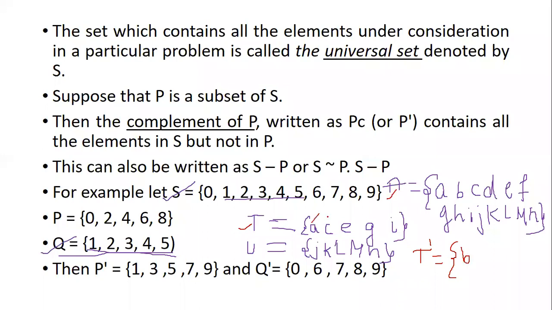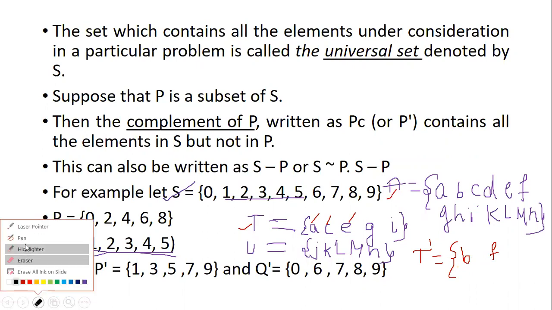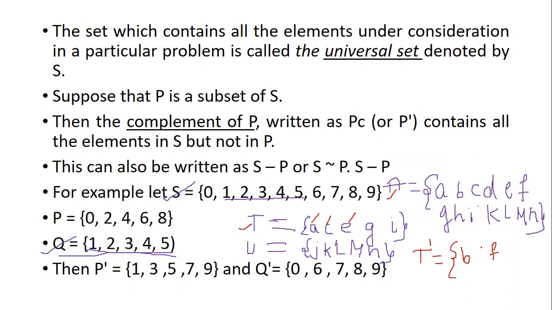So B. C is already there. I'll take D. E is already there. I'll take F. Sorry for my bad handwriting because I'm using a mouse here. I'll make some arrangements by the next class. B, D, F, then G is there, H, I is there, J, and then K, L, M, N. So this is T dash.